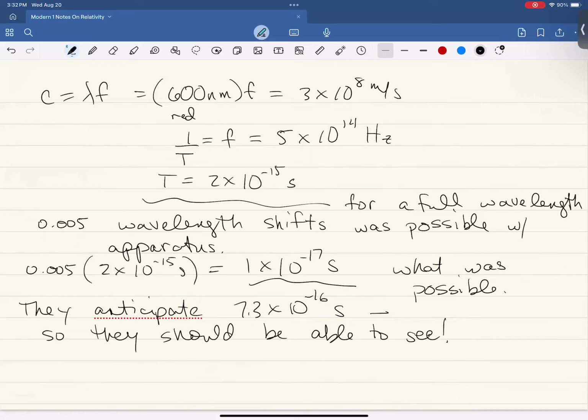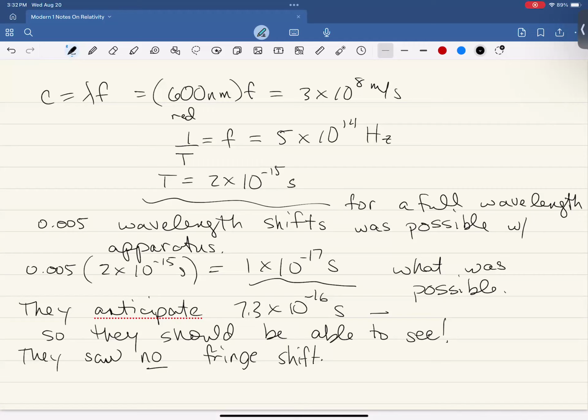But the fact was that they didn't see any fringe shift at all. So they saw no shifting of the fringes. That would mean basically that the speed, our speed through the ether, was so low that it was not detectable with the device that they had built.